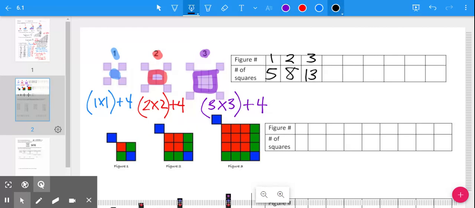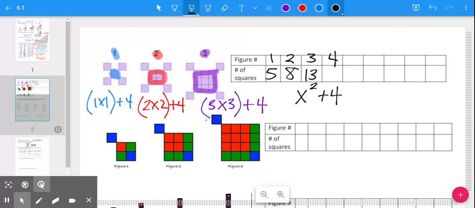So if I tell you that the figure number is represented by the variable x, we have 1 times itself, 1 squared plus 4, 2 squared plus 4, 3 squared plus 4 is figure 3. So it's your figure number squared plus 4 would give you all of the numbers to fill this table.